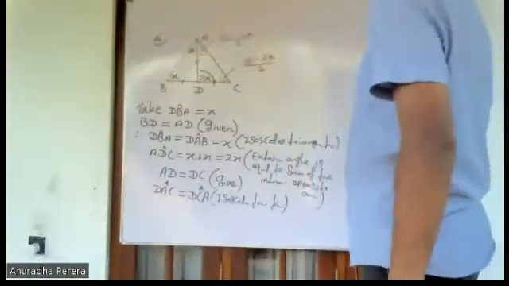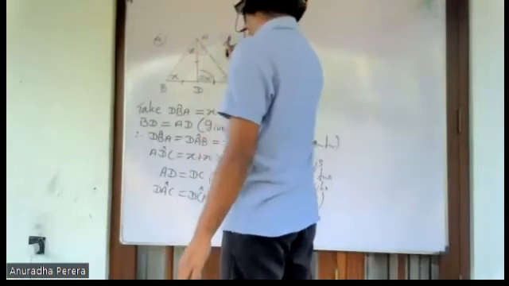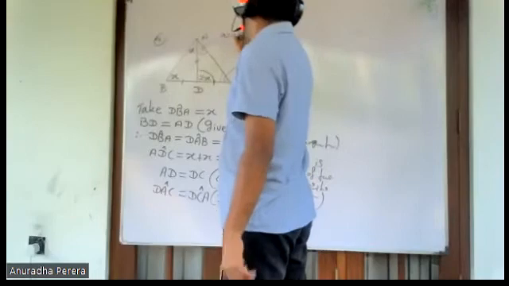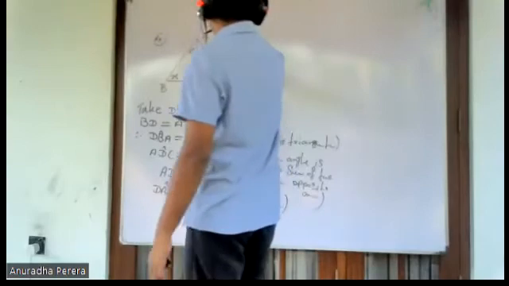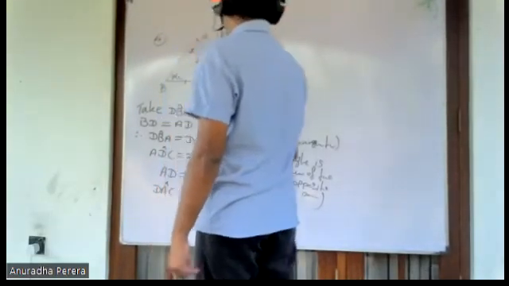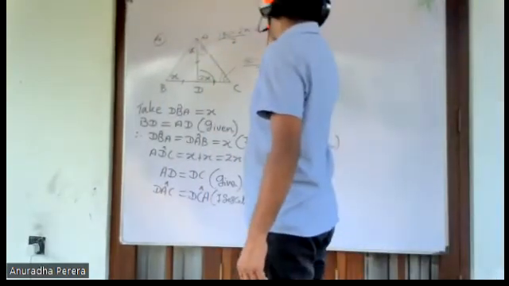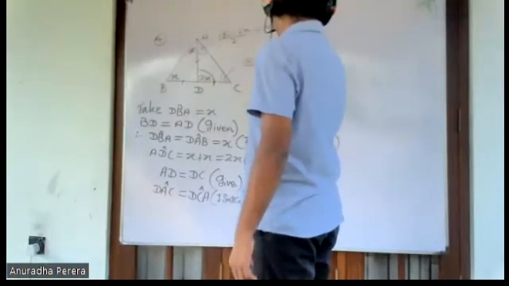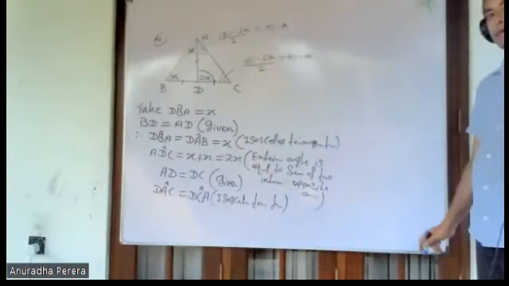If it is, what is it? You can write it as 90 minus x when divided by 2. What is it? 90 minus x. This one also 180 minus 2x over 2 means 90 minus x.